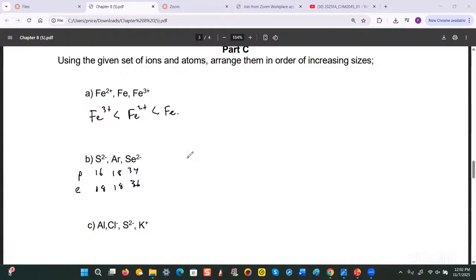So we can compare these two right here. They have the same number of electrons and a different number of protons. Argon has a greater nuclear charge, so argon will be smaller compared to the sulfide ion. So the question now becomes, where does the selenide end up? And where do you think it ends up? The selenide, based on its position in the periodic table.